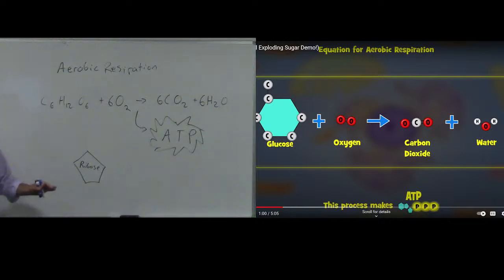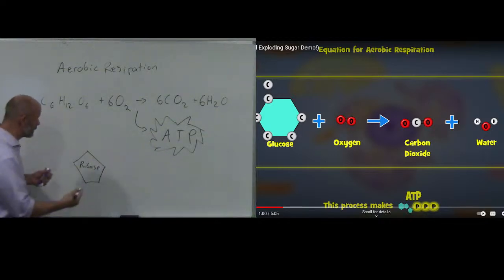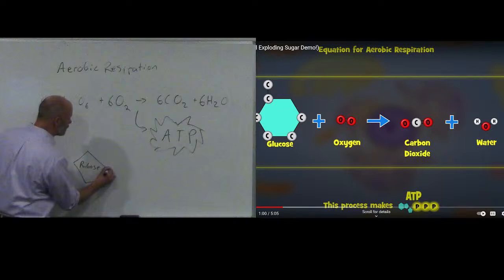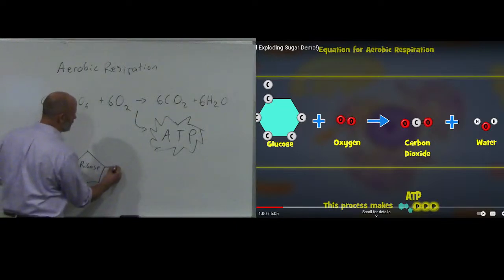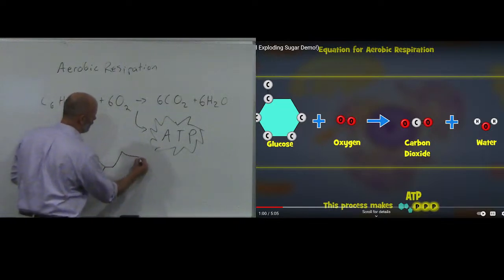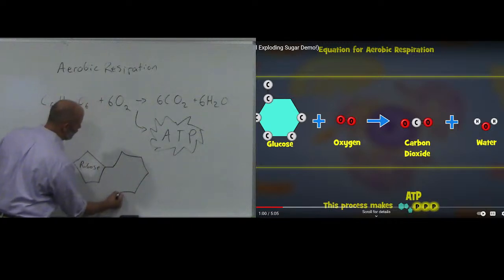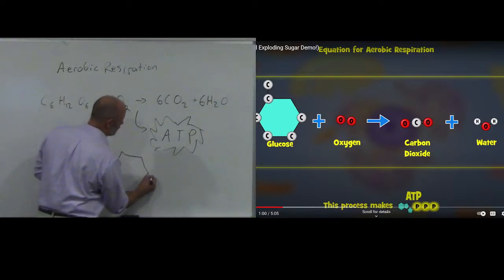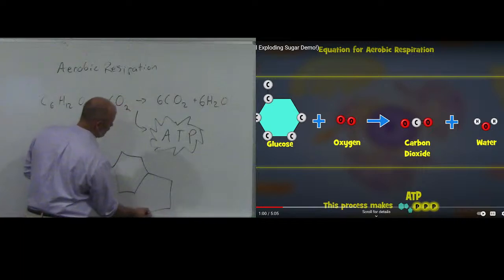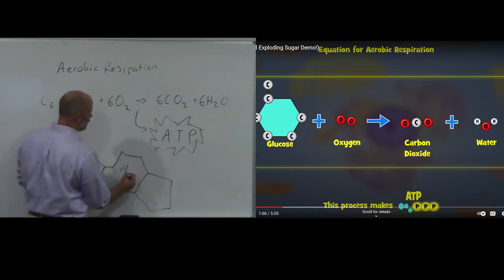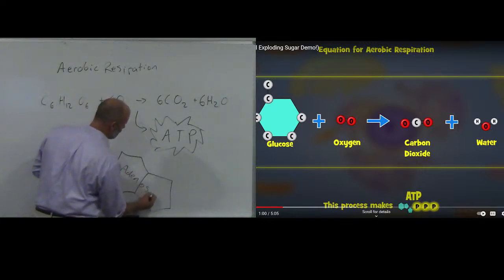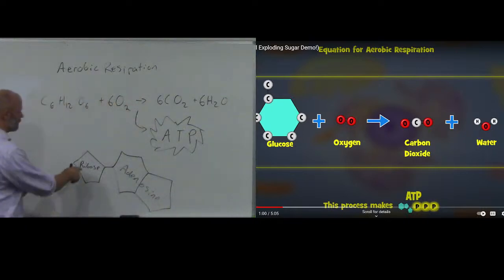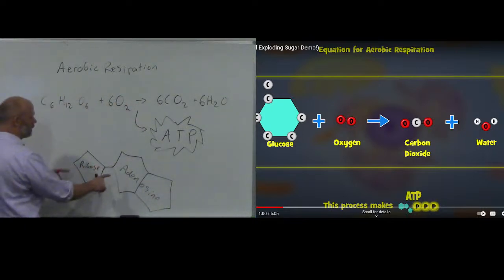It's crazy. That's how your body works. That's how God's made you to be. So here, this thing is connected to one of the nitrogen bases, which is called adenosine. So right now, this is a sugar and a nitrogen base.